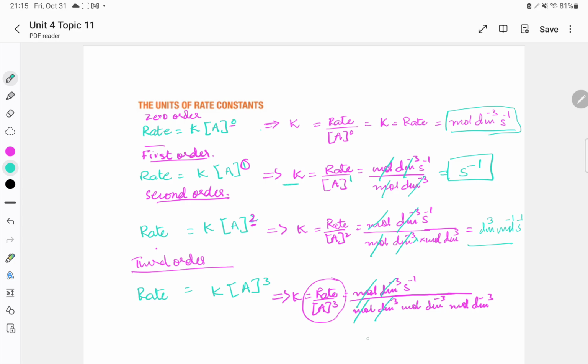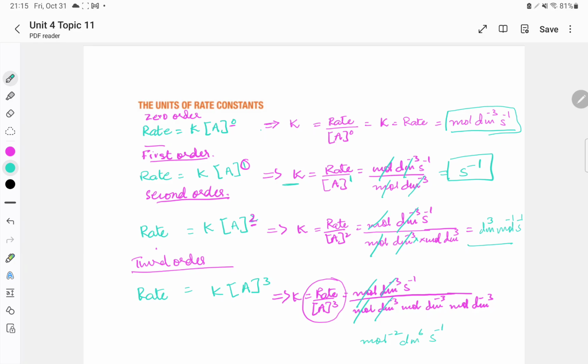So we will be left with mole and dm 6 times, and second per second is only once.